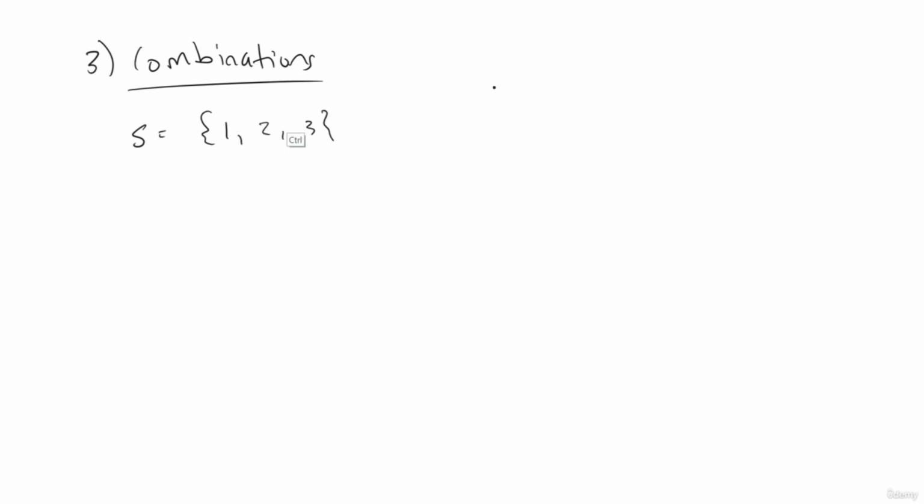And we were able to create 6 different permutations of size 3 of these 3 items, valid permutations. But with a combination, the order doesn't matter. And what that means is that having a set of 1, 2, 3 is going to be the same thing as having 3, 2, 1. All we care about is that this set contains the same items as this set.